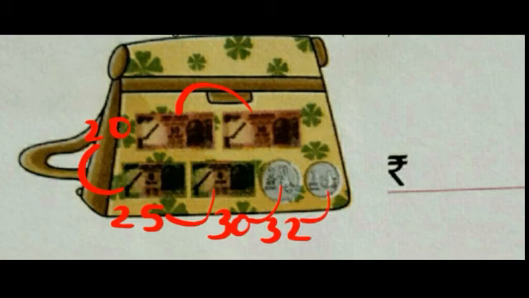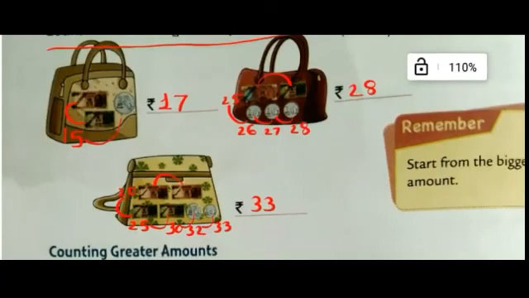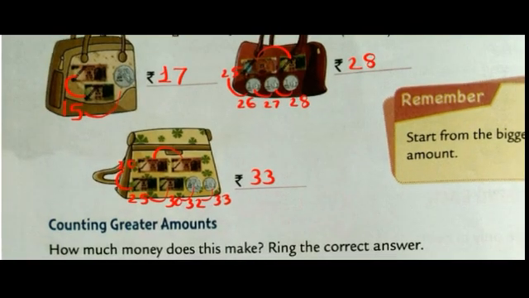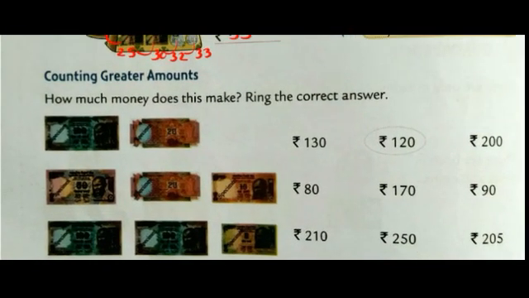And 32 plus 1 will give you 33. So this is a total of 33 in all. Addition, we have already studied how to add. So it makes counting money easier. Okay, scholars. Now let's see the next question that is given here.